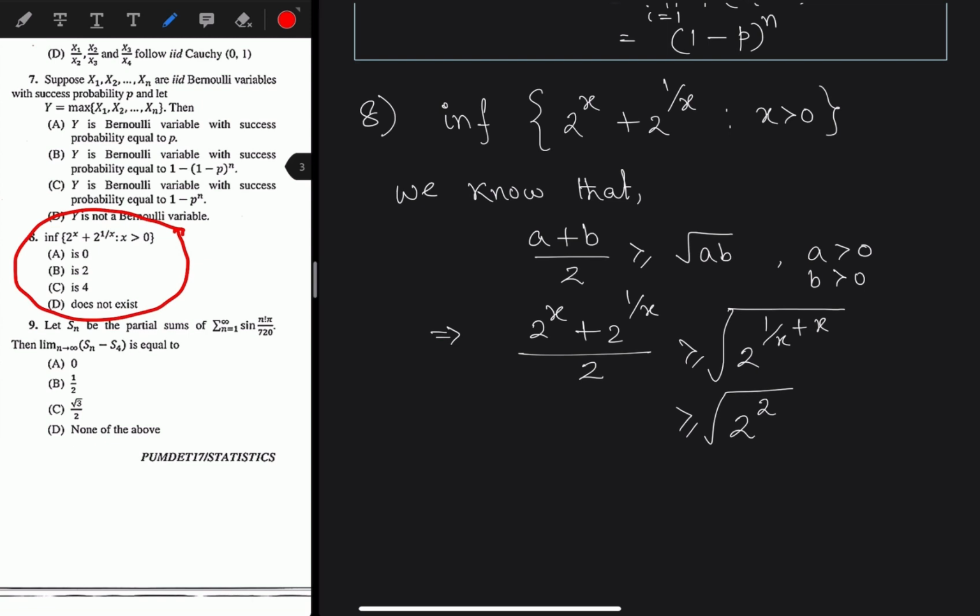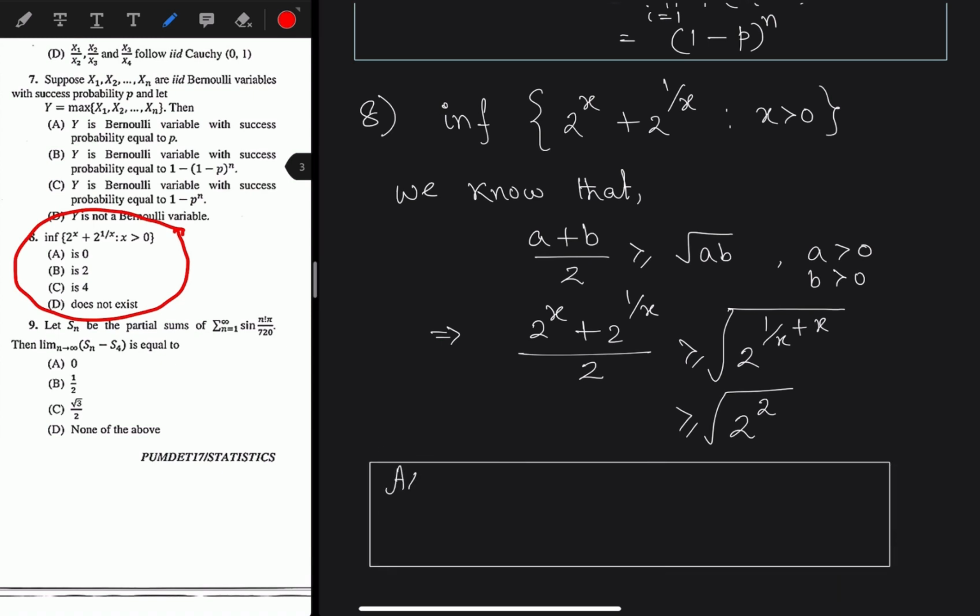So let's say in a box, (x minus 1) whole square greater than or equal to 0, so that means x square minus 2x plus 1 is greater than or equal to 0, and that will imply x plus 1 by x is greater than or equal to 2.